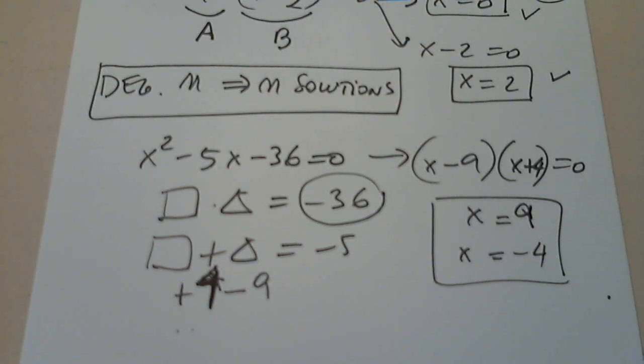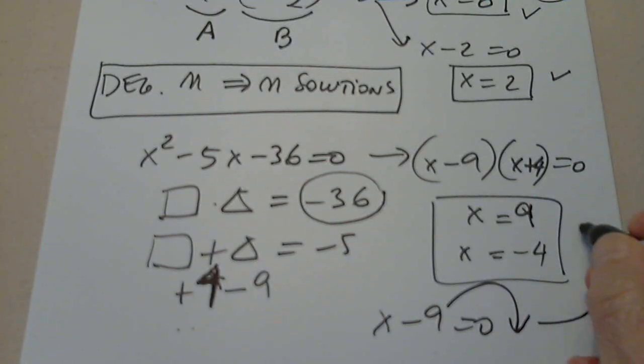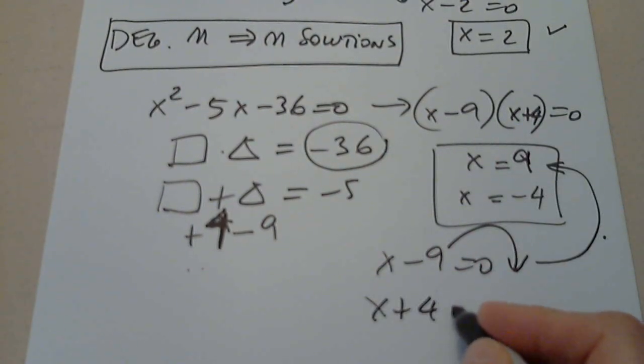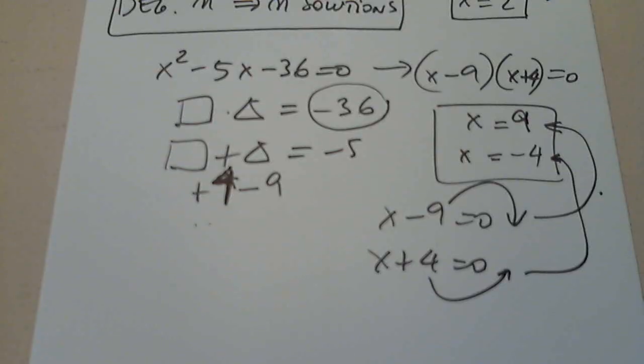If the first factor is 0, we move 9 to the other side and we get this. If the second factor is 0, we move 4 to the other side and we get this. Is that better? Yes. Perfect. Let's move on to the next problem.